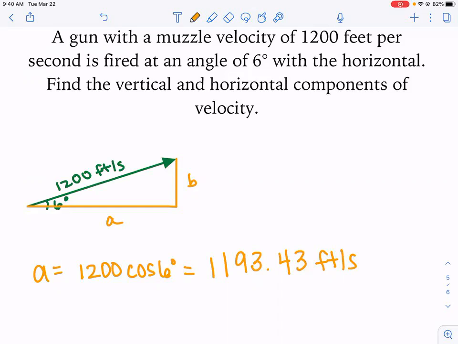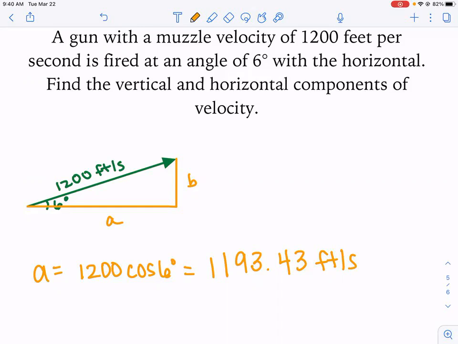Do you see what I'm saying? If you're lying on the ground, you could only see the horizontal movement. You wouldn't be able to tell how high it is. So you would see that bullet flying at 1,193 feet per second.